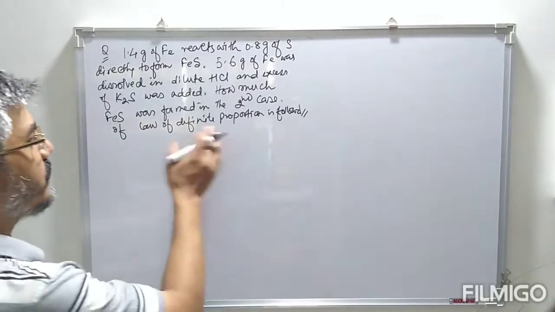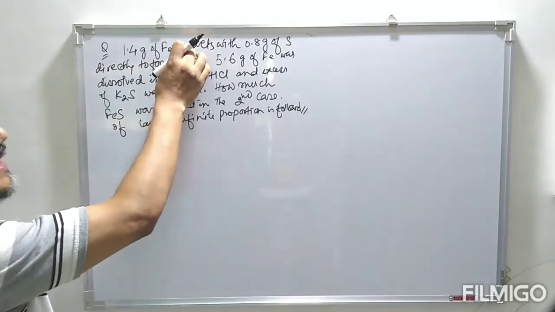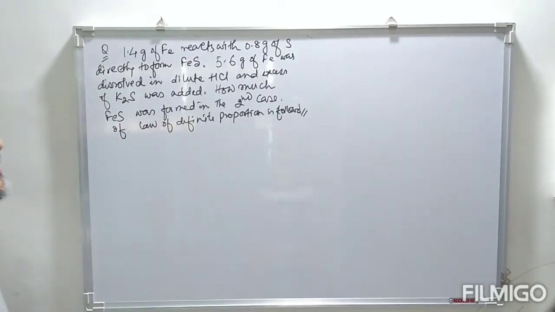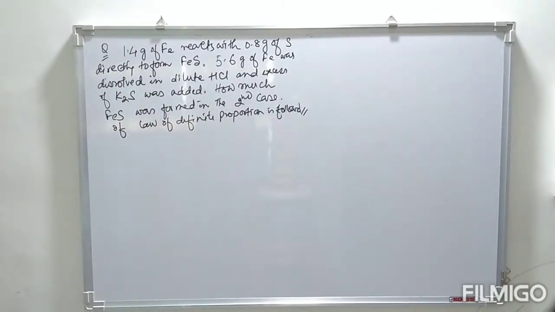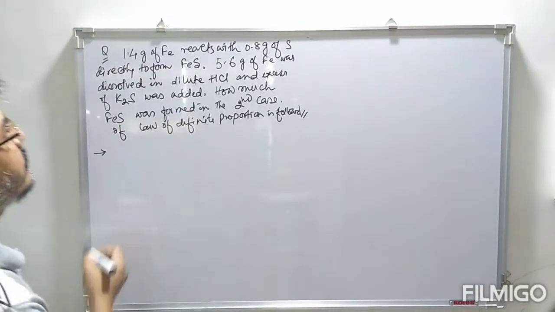If the law of definite proportion is followed, the mole ratio of iron and sulfur in the first case should be exactly equal to the mole ratio of iron and sulfur in the second case. So we can tackle this problem in this way.